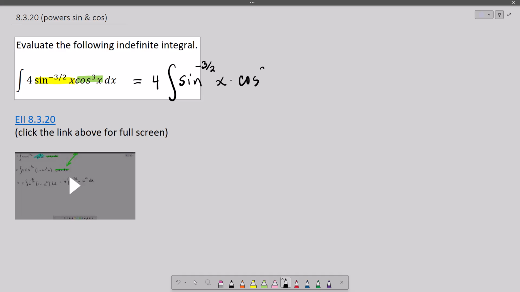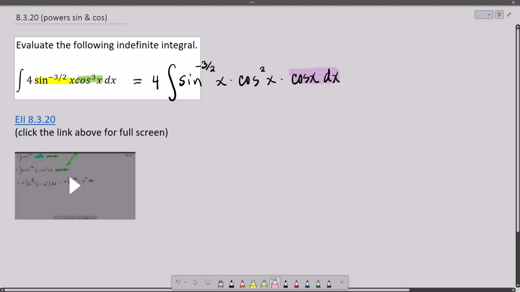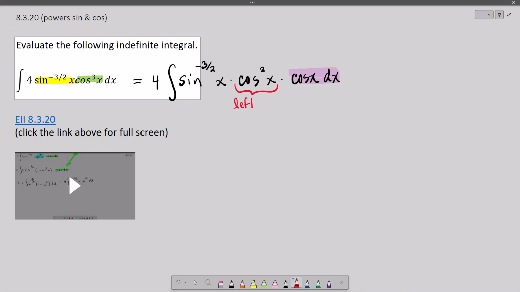And we'll do it in stages here. So we're pulling off one cosine, and we're going to group that with the differential. So we're sort of thinking of this as blocked off. We're pulling off one factor of cosine. These ones are the ones that I will refer to as the leftovers, right? They were left behind.